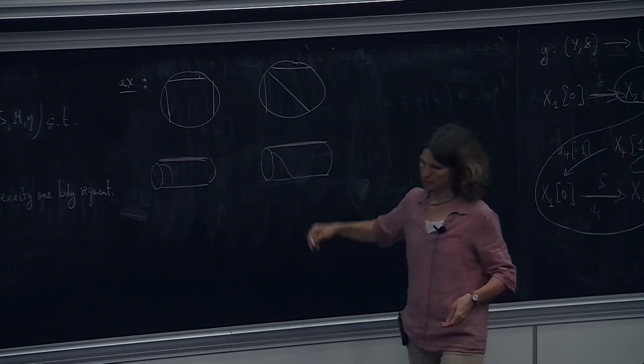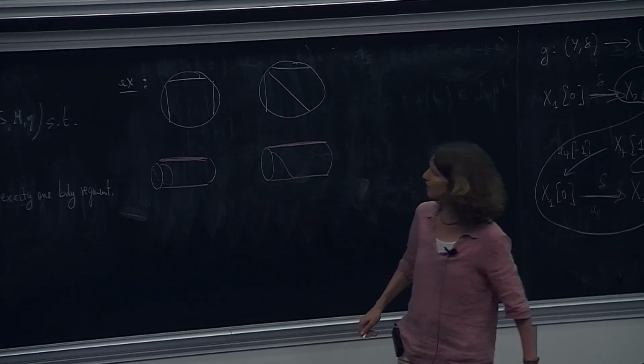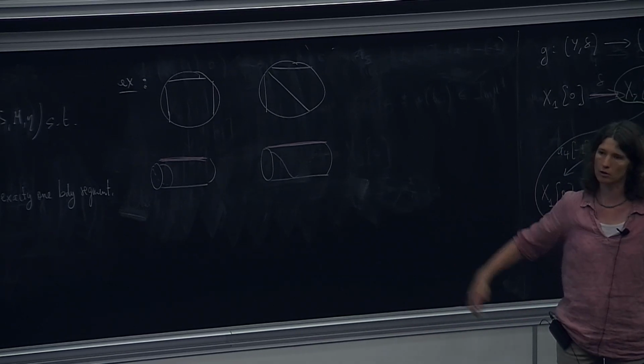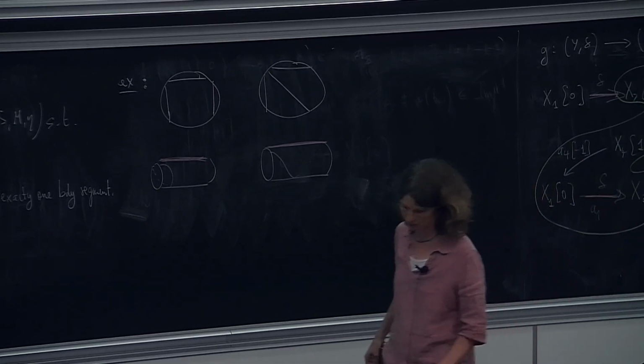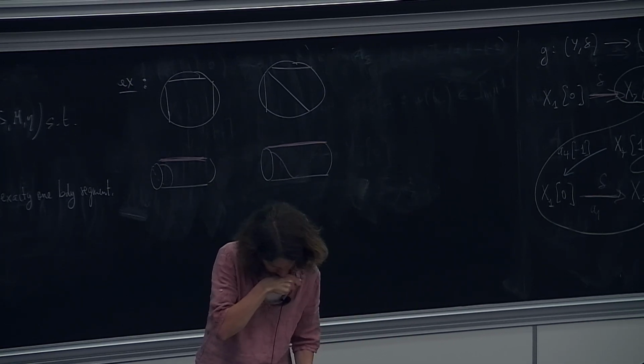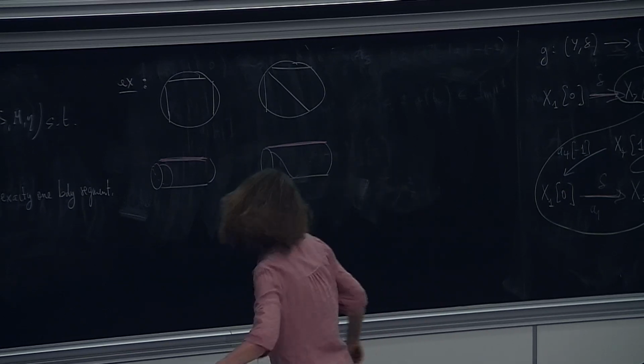So these are dissections, and it's not hard to check that two dissections always have the same cardinality. It's just a computation of Euler characteristic. And from a dissection, we could play the same game.